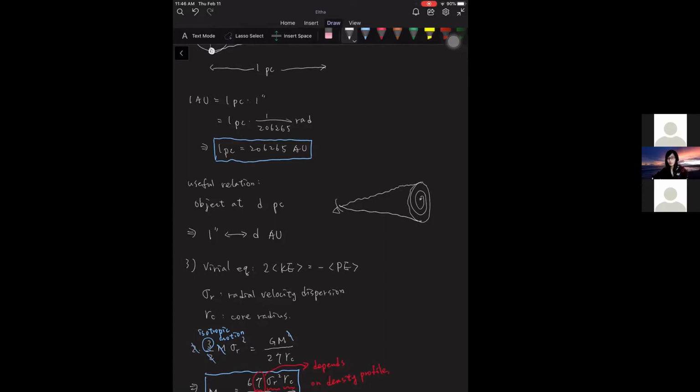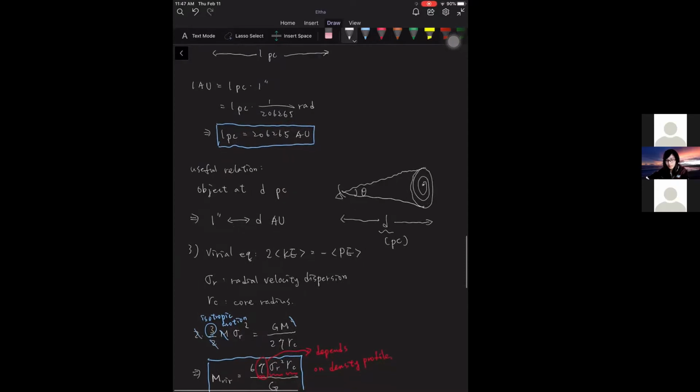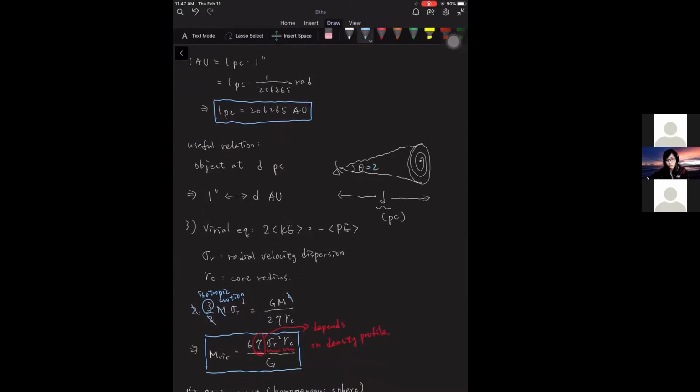Basically we are observing this object and we will get an angle over here. If this object is at a distance of d in parsec, then let's say the angle for this object is 2 arcsec.